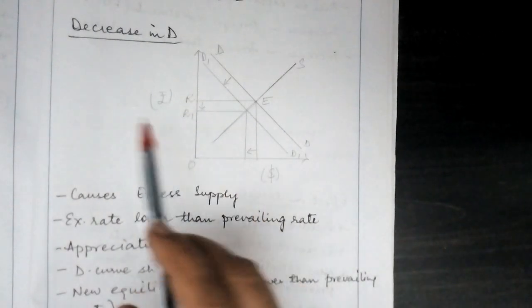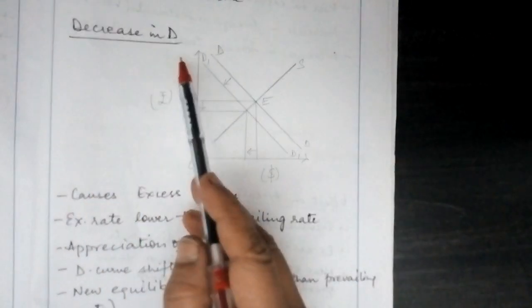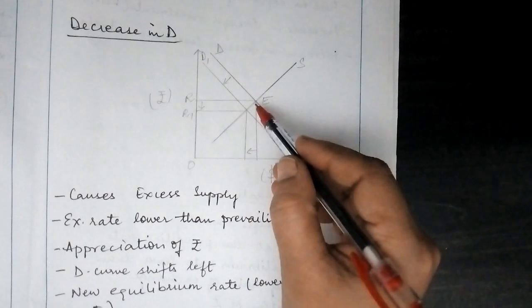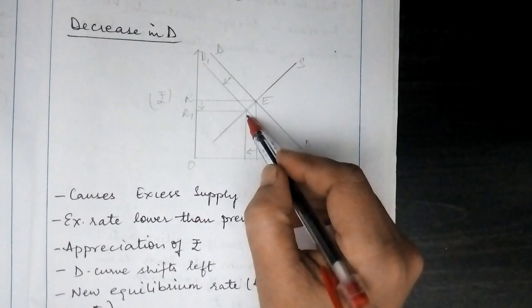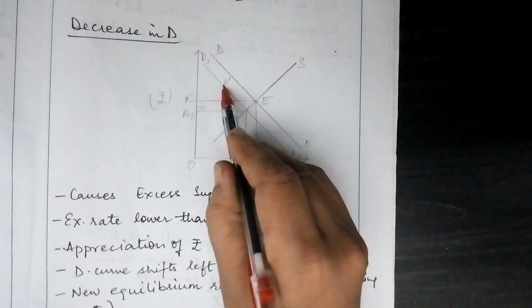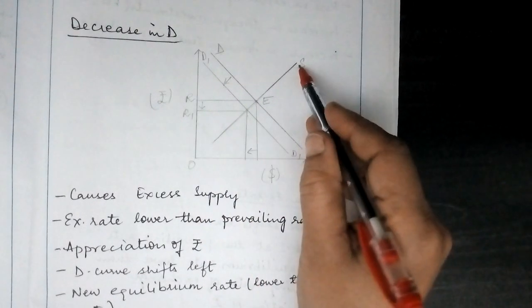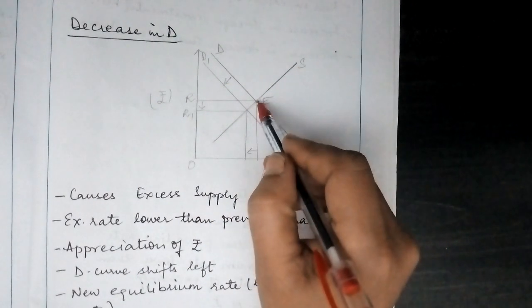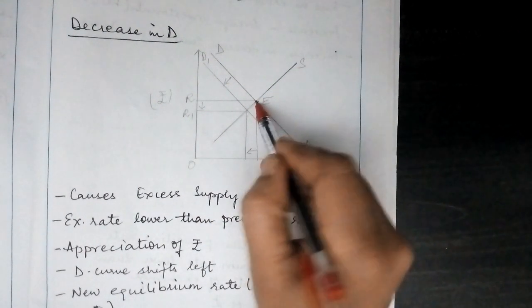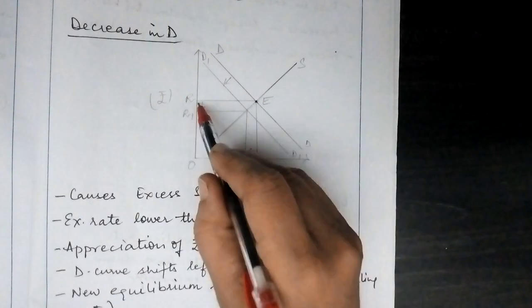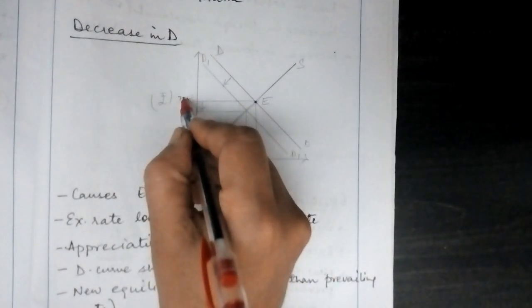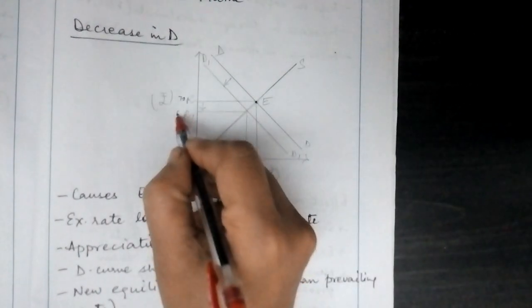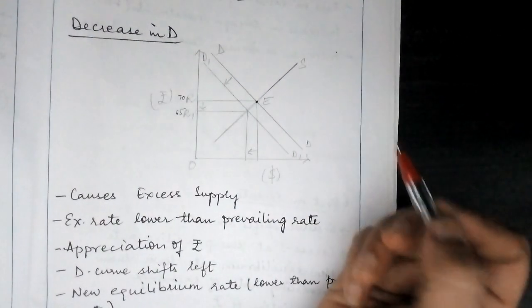On the other hand, a decrease in demand would mean a shift in the demand curve leftward or downward, supply remaining the same. In that case, the equilibrium point, that is the prevailing rate of exchange, which is equal to 70, would now move down to, let us say, 65.